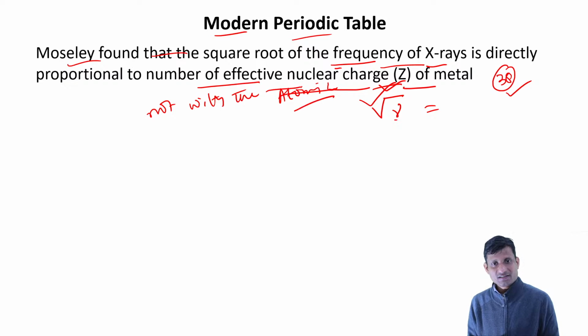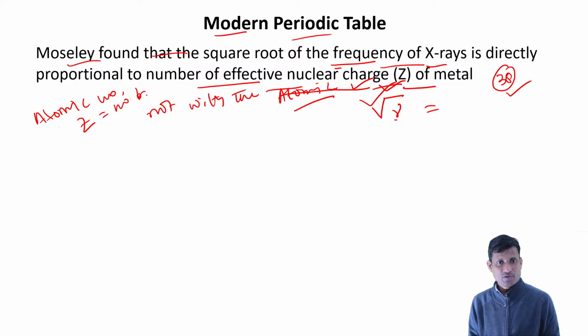This Z is the atomic number that we are familiar with, the number of protons. This is how we got the idea of atomic number.